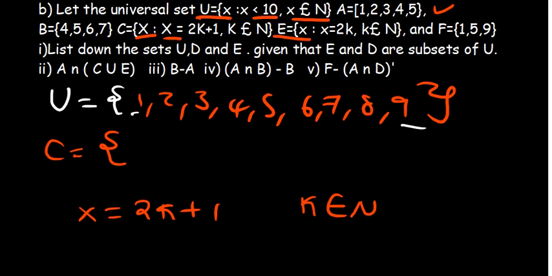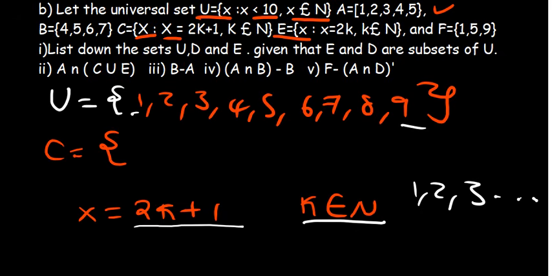So our members of C are going to be given as 2k plus 1, and k should be a natural number. So I can start by coming up with a first k value, which is going to be a natural number. Natural numbers start from 1 going up. So the first one that I can get as my value of k is 1.